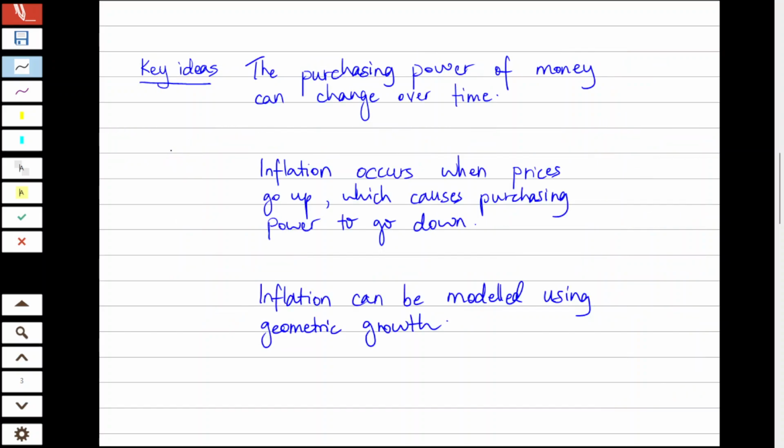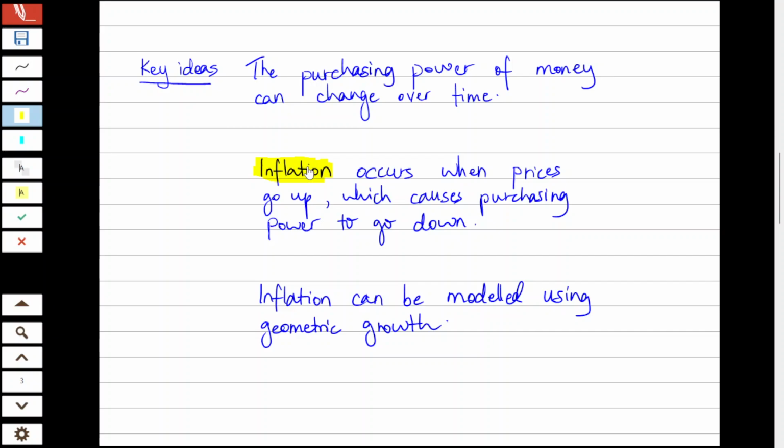So you might not have heard of the word inflation. It has been in the news with cost of living. So really the key idea here is suppose you have $100. $100 can buy you a few things today, but imagine you go forward in time, maybe 20 or 30 years.